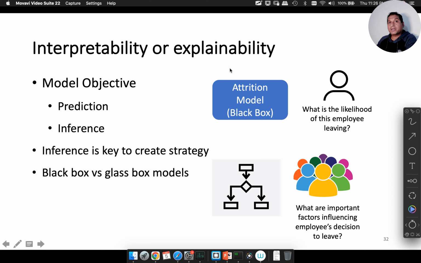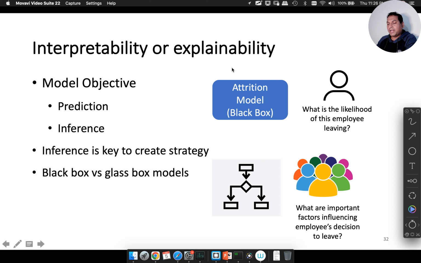The other important consideration at the time of problem formulation is to understand the interpretability or explainability of the models. All models are not built purely for predictions. Some models are used only for inference.